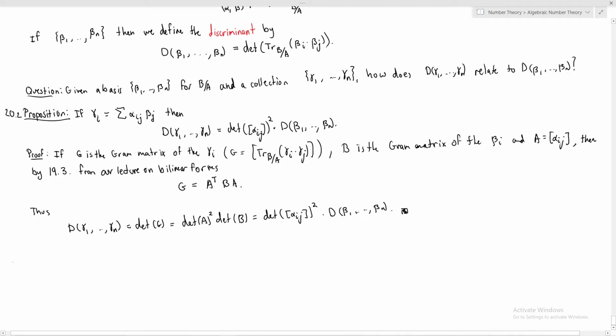So 20.3, remark. If these gamma sub i's are also a basis, then the matrix A is invertible.